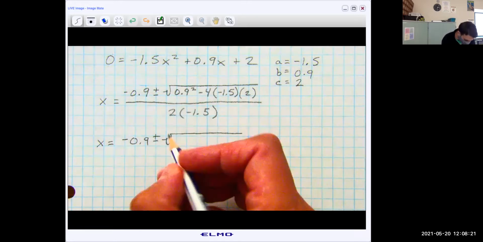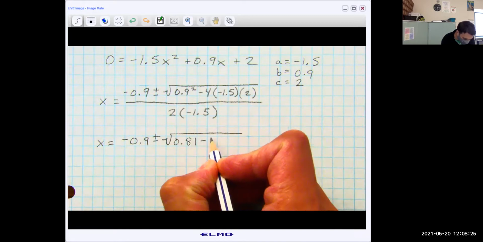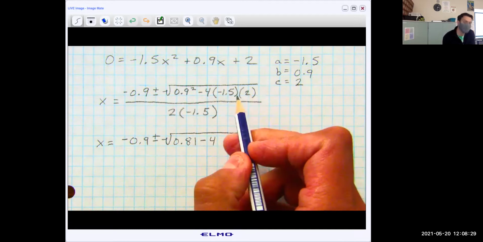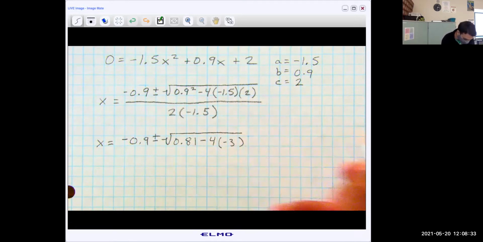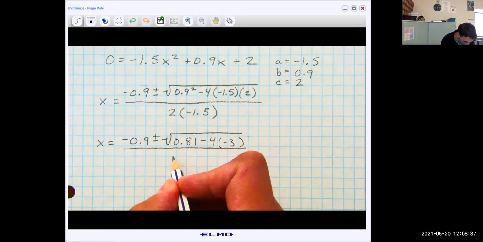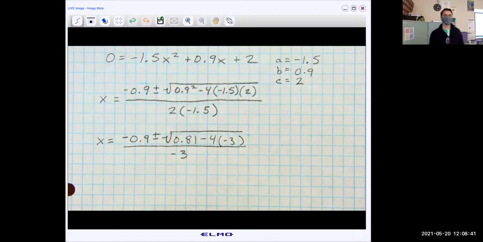So 0.81 minus 4. I don't do anything with the 4. I am going to multiply the 2 and the 1.5, which is negative, so I get negative 3. Divided by, we also have a negative 3 on the bottom. So that's step 3.